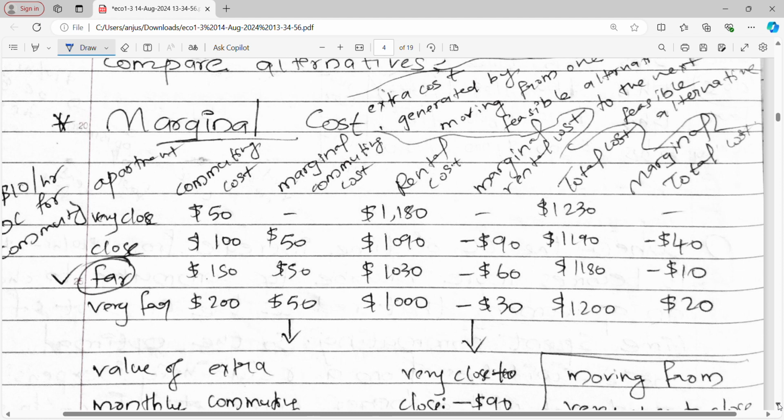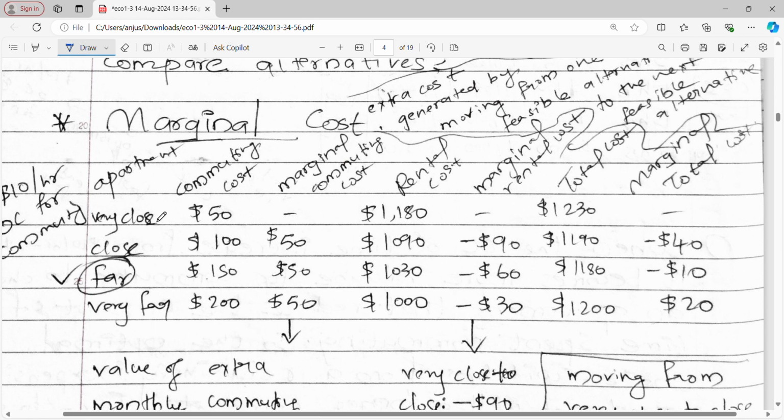the apartment far was the feasible option. It was the optimum. So here we are calculating the marginal commuting cost and marginal rental cost. That is the additional amount that you will need to spend to move to the next option. So for very close, the commuting cost was $50.